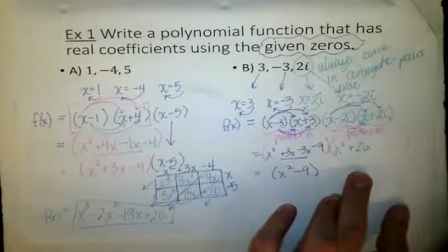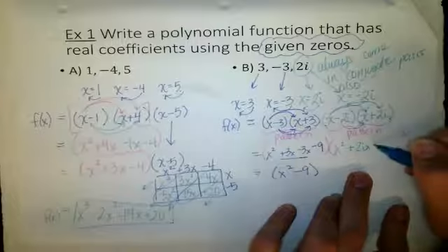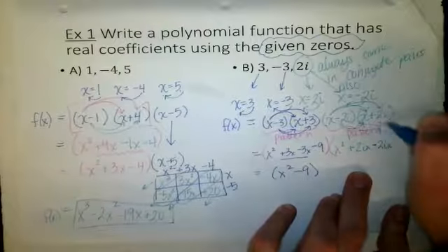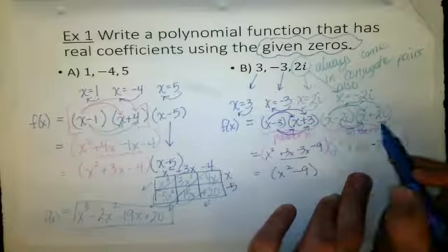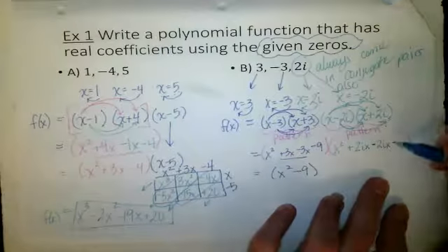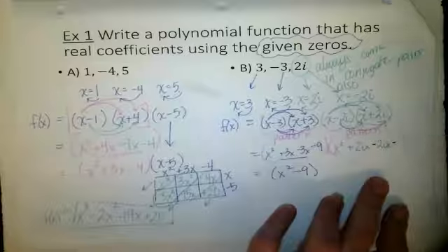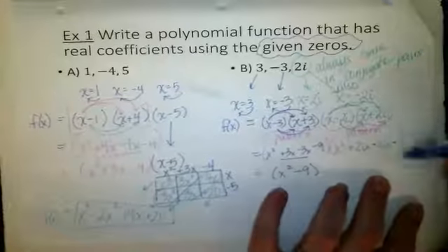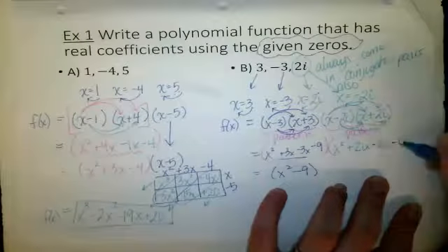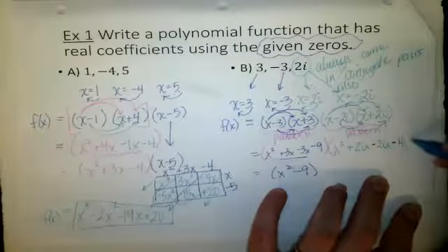Negative 2i times x, negative 2ix. And then last times last. What's negative 2i times positive 2i? Negative 4i squared. So negative times positive is negative. 2 times 2 gives me 4. And i times i is i squared.